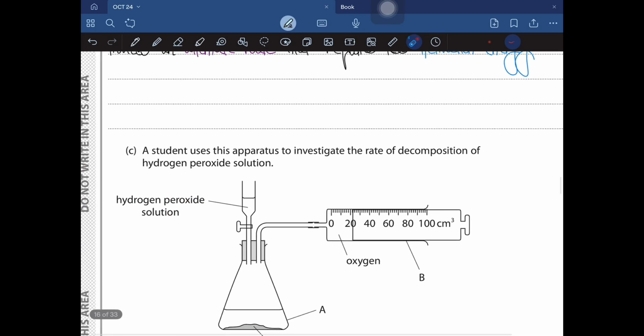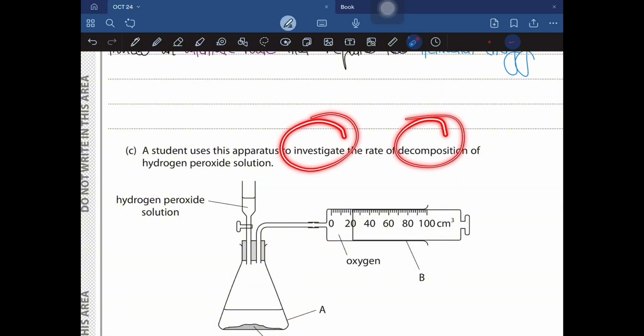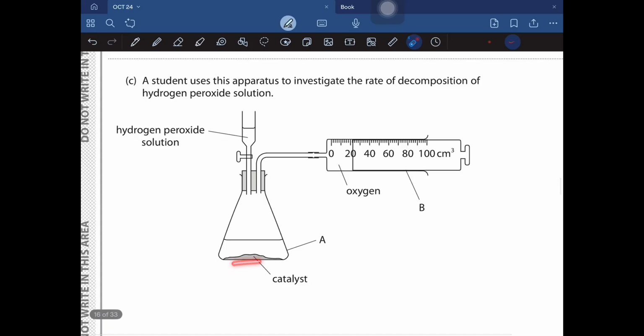A student uses this apparatus to investigate the rate of decomposition of hydrogen peroxide solution. This is the catalyst solution, this is the gas syringe collecting the volume of oxygen, and this is a conical flask.